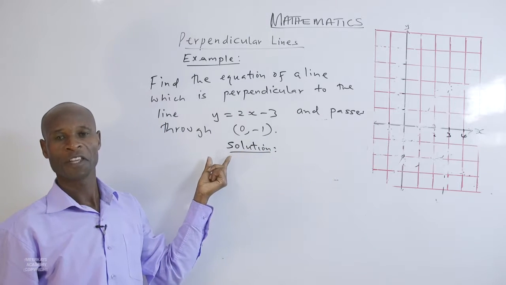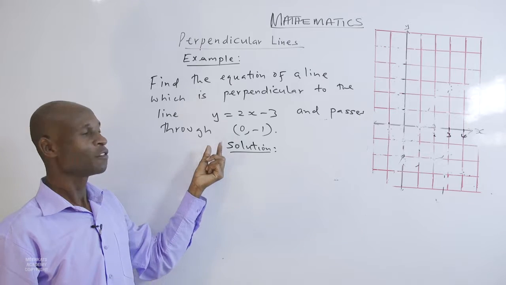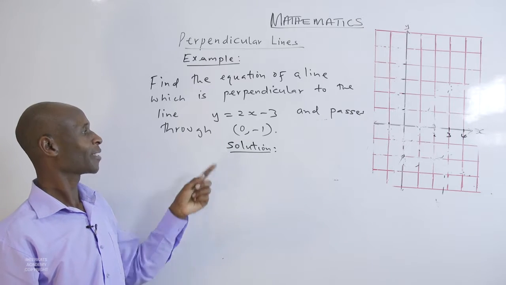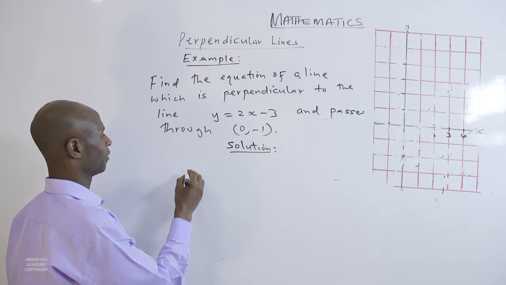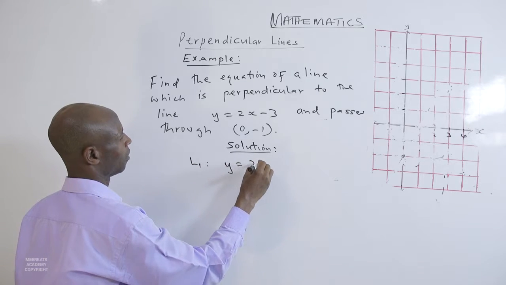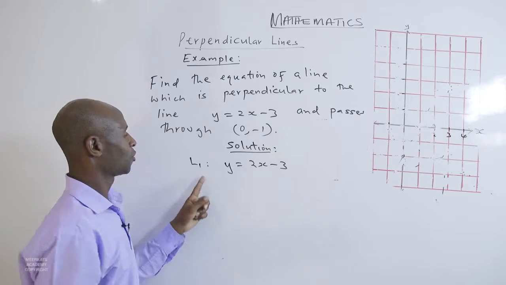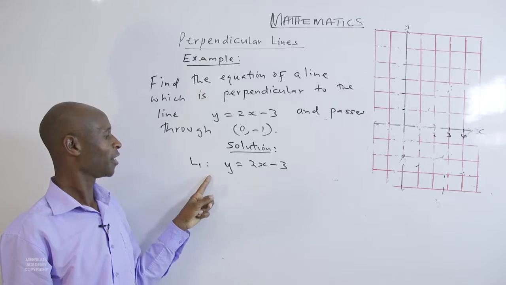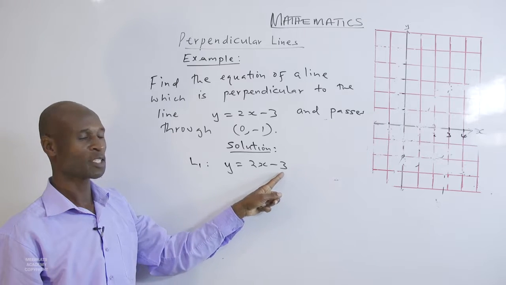Now, how do we solve this particular question? So it's very important for us to assign line 1 as L1, and its equation is y is equal to 2x minus 3.